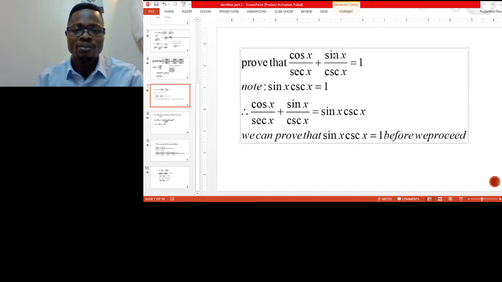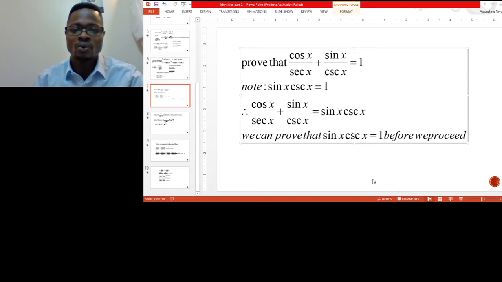We have a question before us. We are to prove that cos x divided by secant x plus sin x divided by cosecant x is equal to 1.